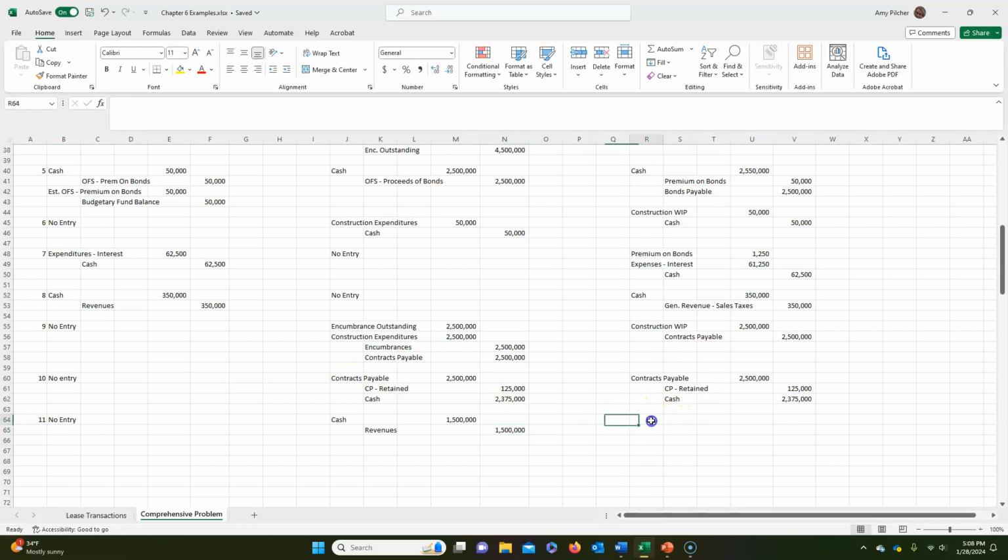And then in the governmental activities fund, we have received cash of $1.5 million. And this is program revenue, grants.